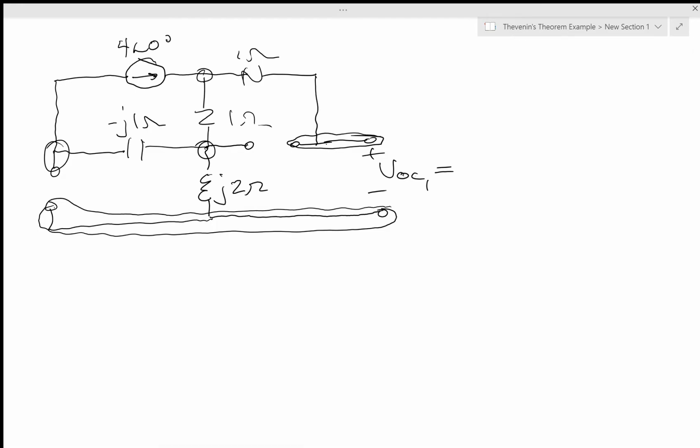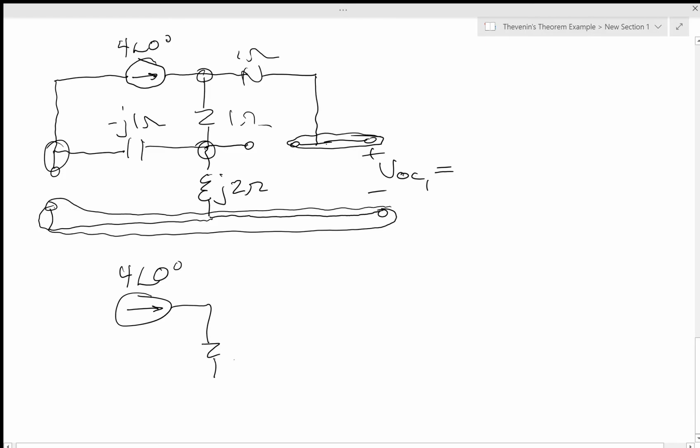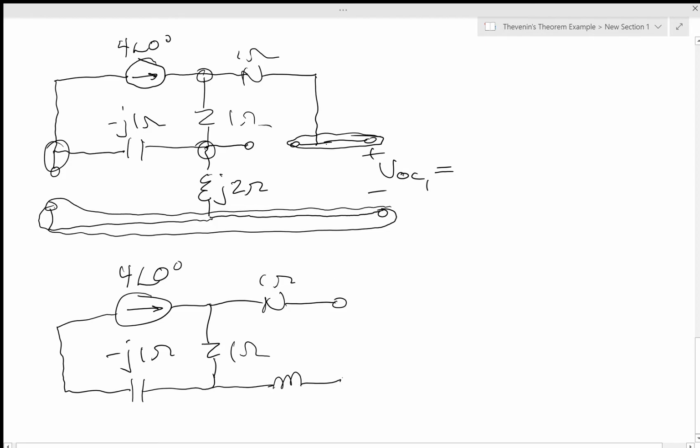You have this current source, and you have the 1 ohm resistor, and the minus J1 ohm capacitor, and here's the 1 ohm resistor, and here's the plus J2 ohm inductor, and I'm looking for the voltage VOC1.